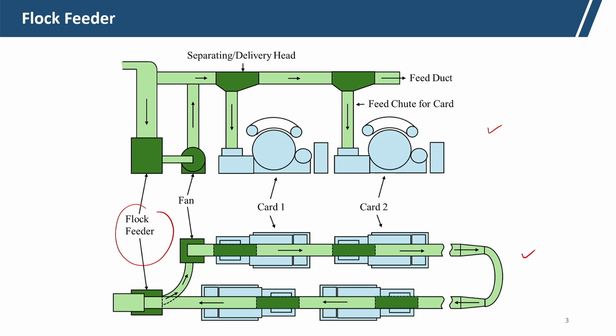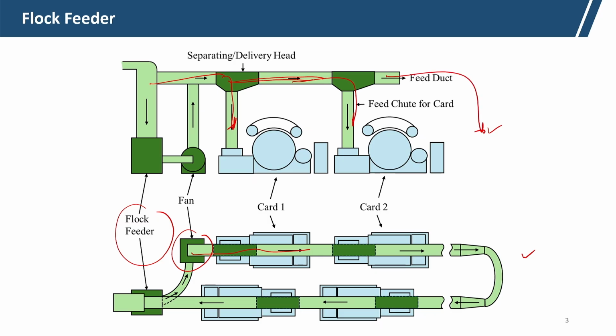Suppose this is the flock feeder and here is a fan that pushes the fiber along with the air. The system should be such that the fiber comes to this card and to the next card uniformly.